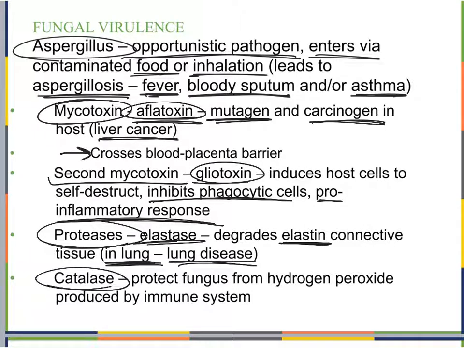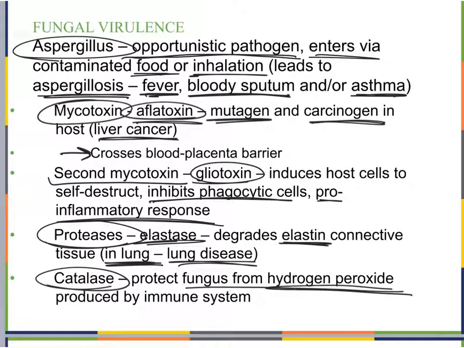And then also catalase. So catalase is going to protect the fungus from hydrogen peroxide. Remember, catalase breaks down hydrogen peroxide. And that hydrogen peroxide is produced by the immune system. So sometimes when our immune system is going in and trying to kill an organism, it can utilize hydrogen peroxide. That's why we have peroxidases.